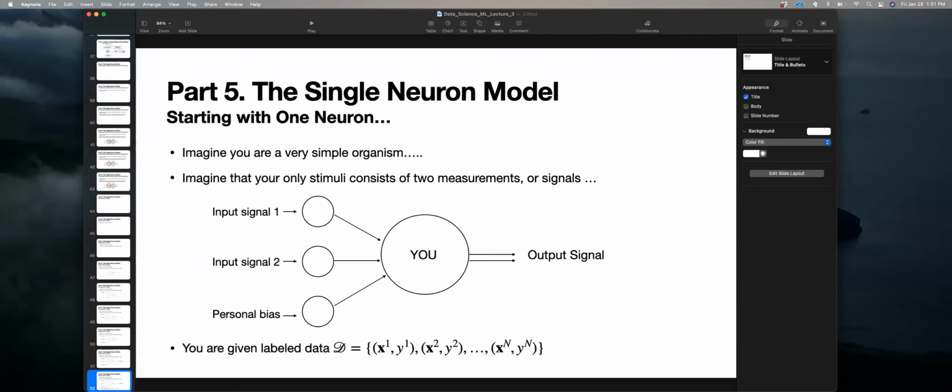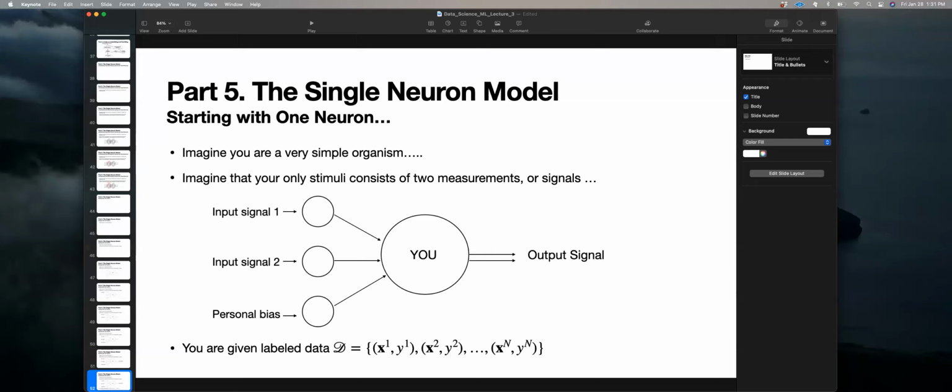So to formalize this notion, suppose that we're given some labeled data, right? So we have feature vectors X. Each of these vectors X contains measurements. For example, how hot the right hand is touching the thing, how hot your left hand is, or whatever.